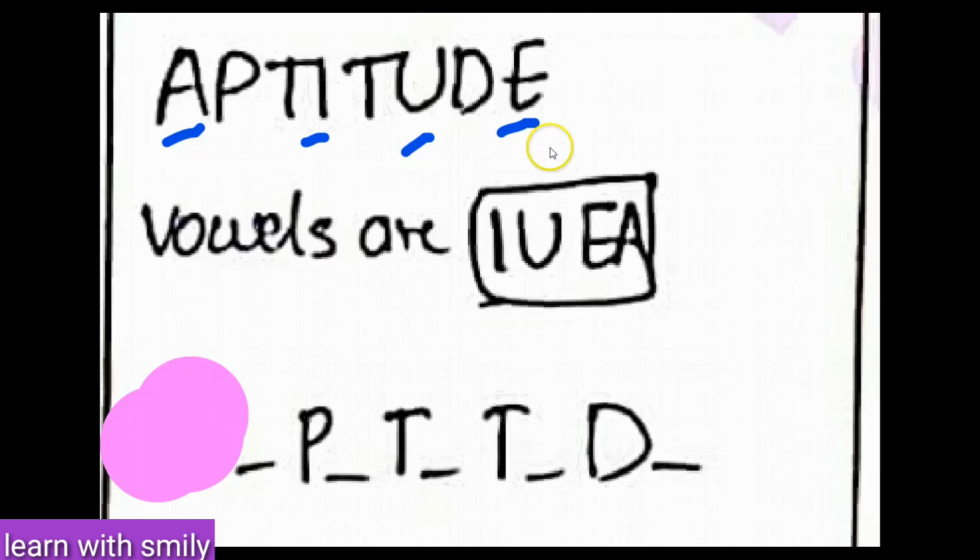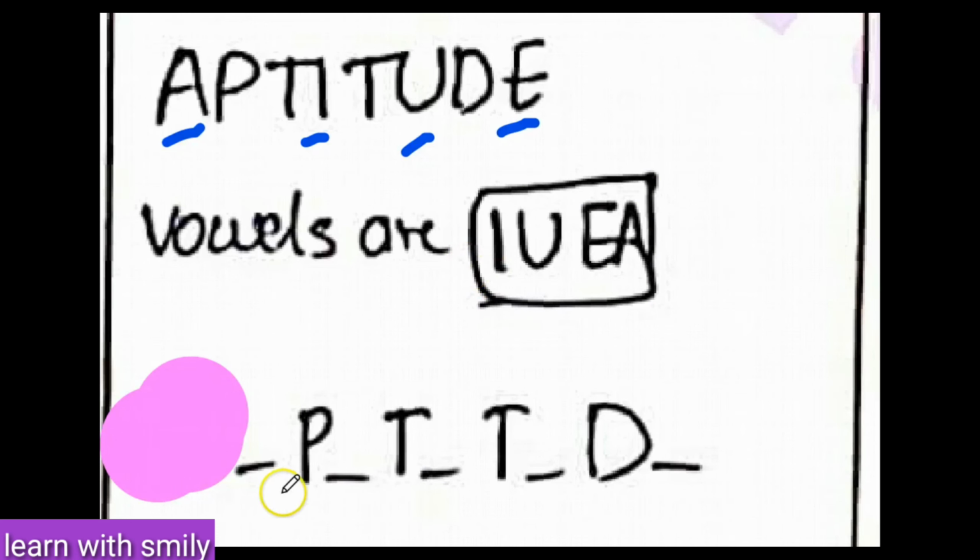Got it? Coming to the next example of the word aptitude, when we are considering vowels are together, that is A, I, U, E should be considered as one block, and P, T, T, D are consonants. So there are 5 places in between the consonants in which this block can be arranged, because vowels should always be together, right?